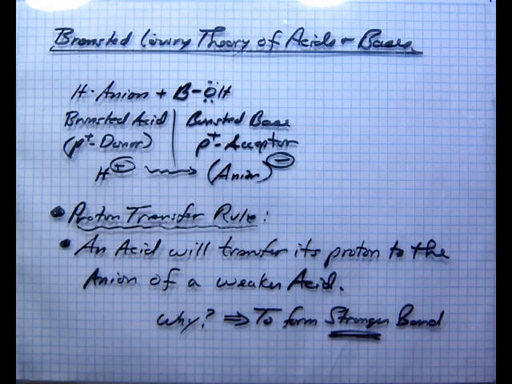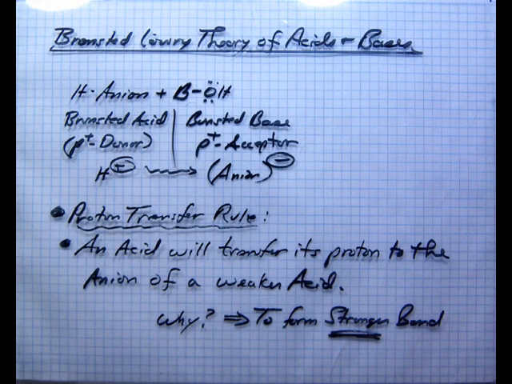This is a critical statement in your understanding of the behavior of acids and bases as we go forward. It is a critical comment and statement in terms of why certain acid-base reactions occur.